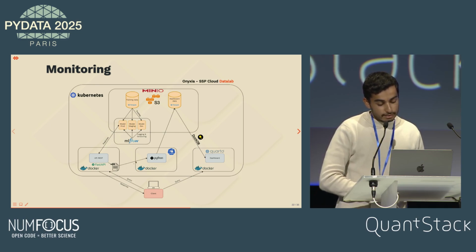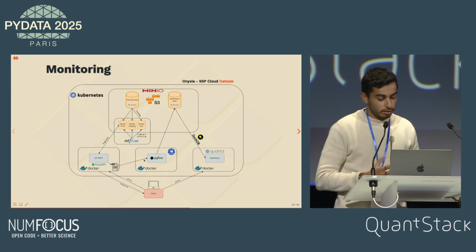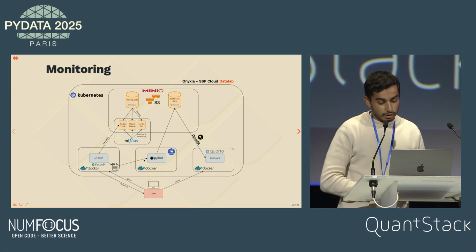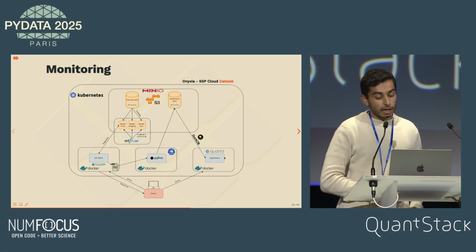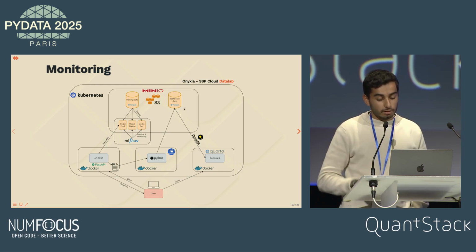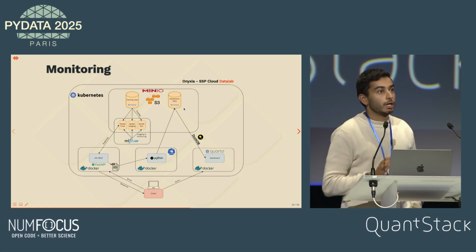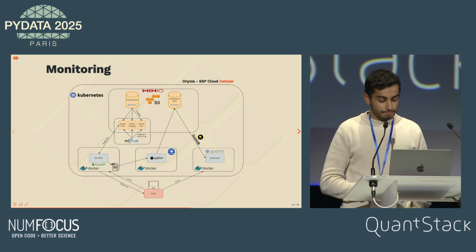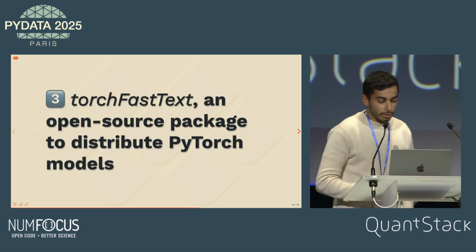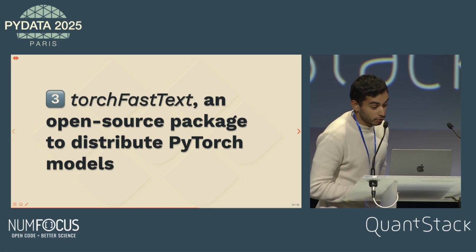It, in a sense, churns logs in the dashboard data here, and then a dashboard here is retrieving everything related to the dashboard to track the model in real time and regularly. And I will let Cedric describe a bit the torchFastText package.